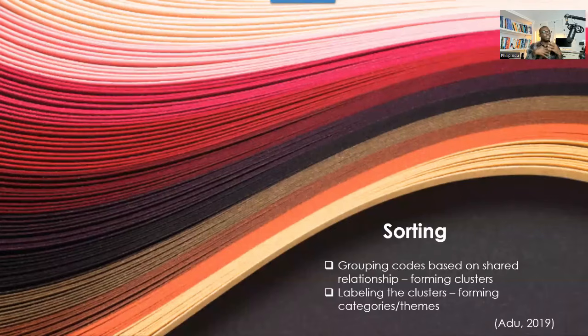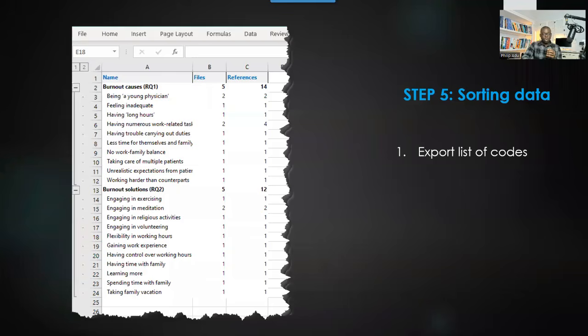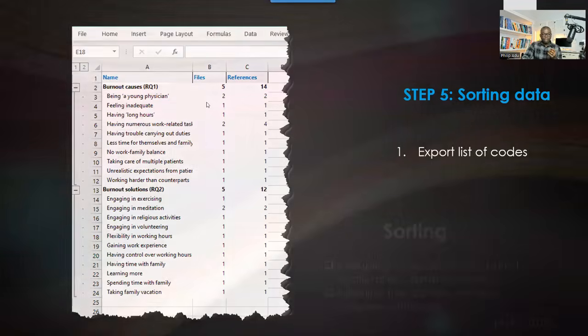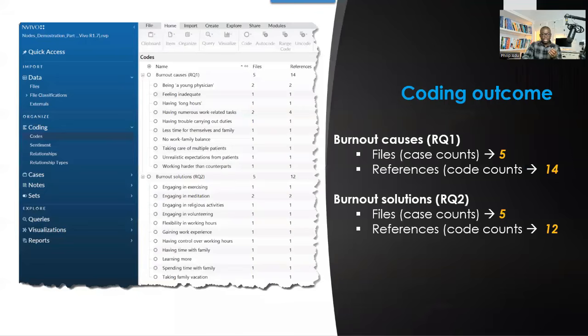So after finishing coding, you move on to sorting, right? Sorting is just grouping codes based on the shared relationship to help you form clusters. And then you label those clusters to develop themes. So what you have to do is, after developing the codes, you can export the codes and then do the sorting outside NVivo.